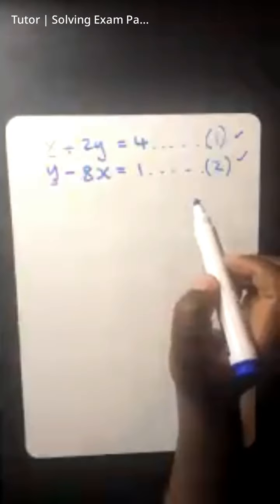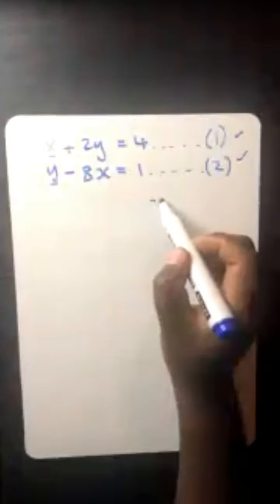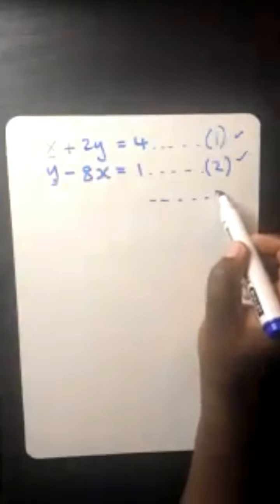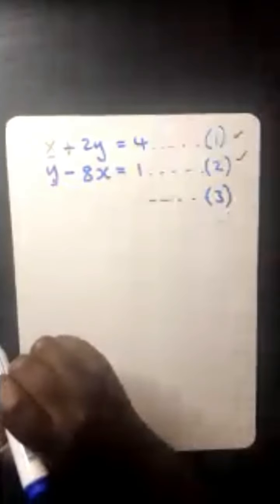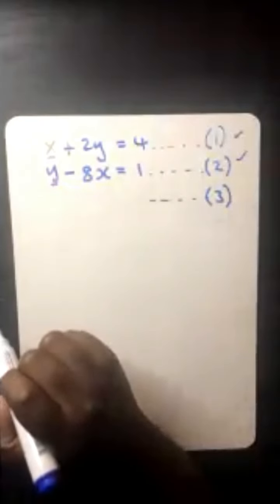In this case, both of these are simple equations, because you've got 1x over there and 1y over there. So you can decide between these two equations which one you use to make the unknown the subject of the formula. Let's say we use equation number 1. That simply means we are deriving equation number 3.